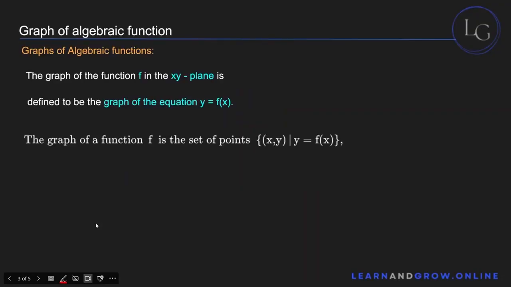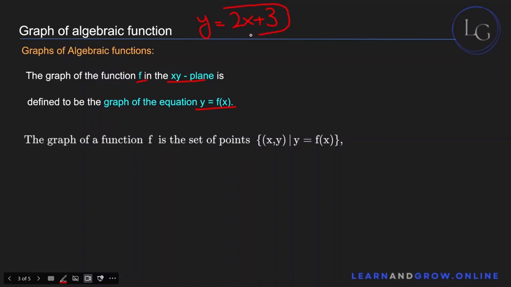Let's see the graphical representation of an algebraic function. It says that the graph of a function f in the xy plane is defined to be the graph of the equation y equal to f of x. And y is equal to f of x because obviously the output y is related by some function, right? So let's say y equals 2x plus 3.